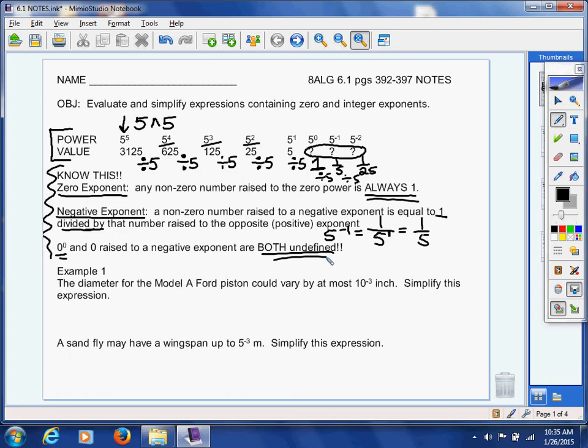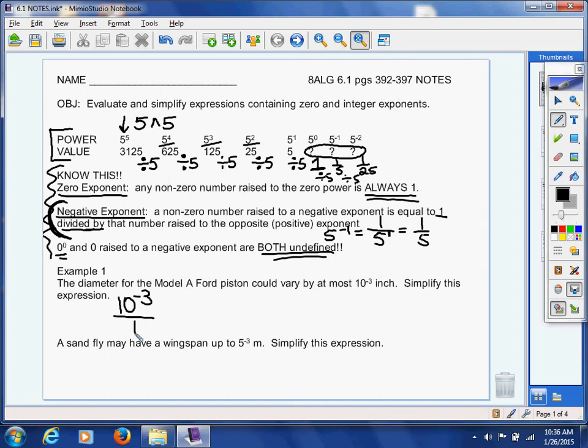It's undefined. All right, let's look at example 1, because I want to go back to this part right here about negative exponents and how to simplify it. The easiest thing I can tell you to do is anytime you're given a base raised to a negative exponent, first of all, identify where it is located in the fraction. Now, I don't see a fraction. 10 to the negative 3 is not a fraction, but I can make it a fraction.